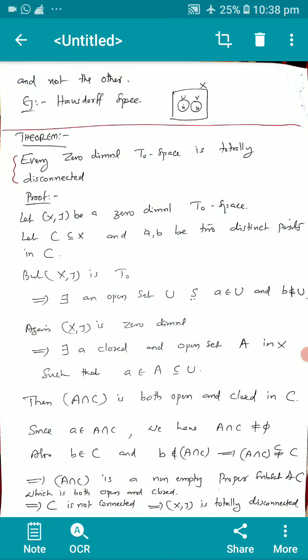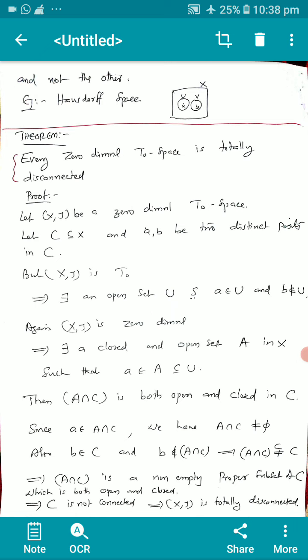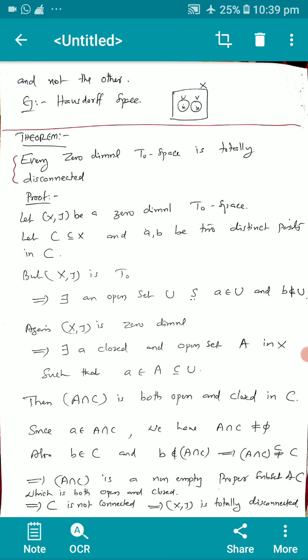Also b is in C and b is not an element of A intersection C implies A intersection C is a proper subset, that is, A intersection C is subset not equal to C. This implies A intersection C is a non-empty proper subset of C which is both open and closed. That implies C is not connected, which implies X is totally disconnected.